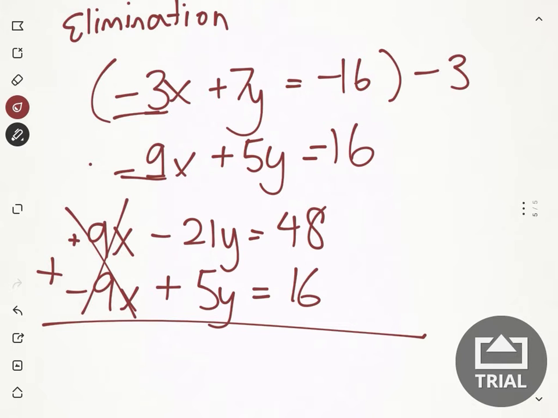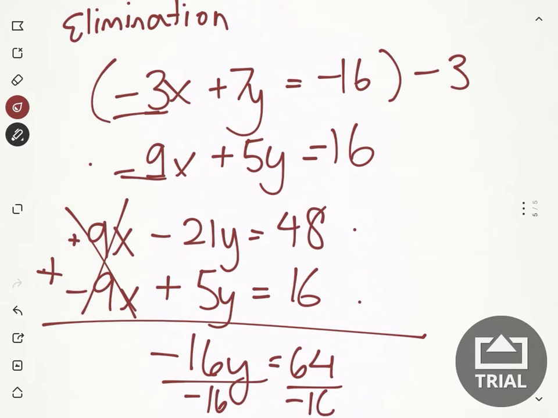So I can go ahead and add the rest of this problem. Negative 21y plus 5y equals negative 16y. 48 plus 16 is 64. With our division skills, we can figure out that y equals -4.